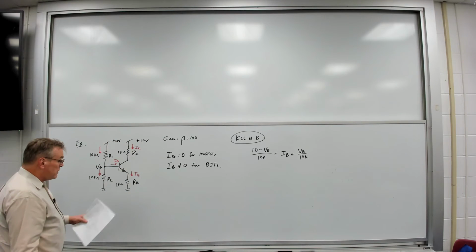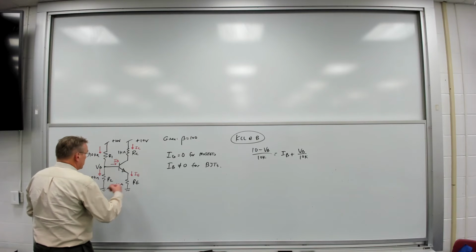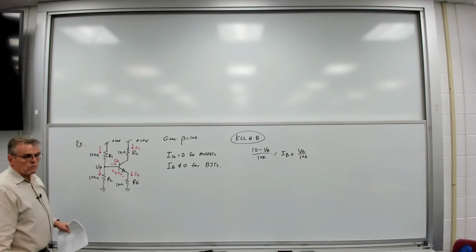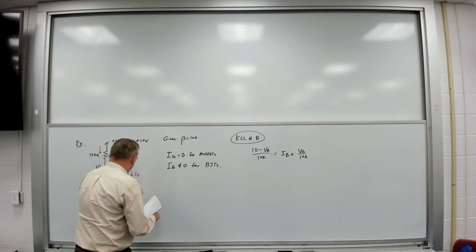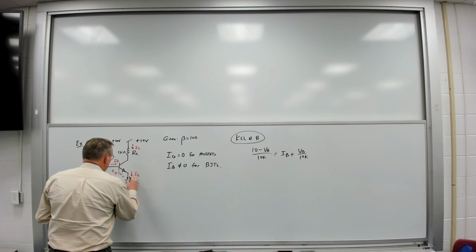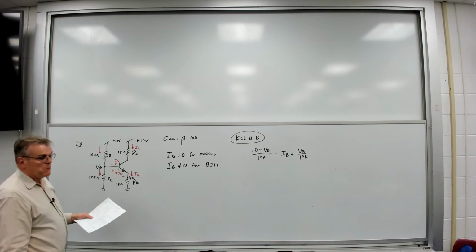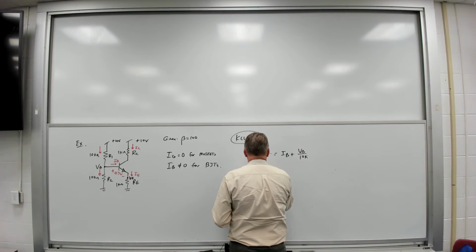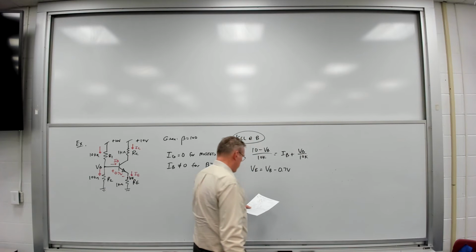I'm again going to use the constant voltage drop approximation for the base emitter junction. So again, I'm assuming about 0.7 volts across that base emitter junction, and therefore there is VE. Therefore, VB minus VE must be equal to 0.7 volts, or VE is equal to VB minus 0.7 volts.